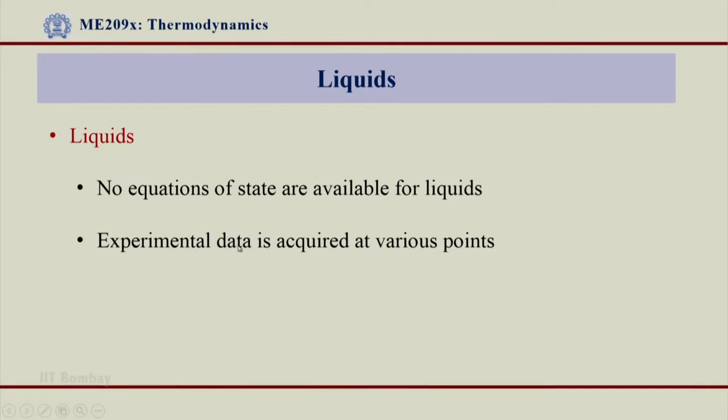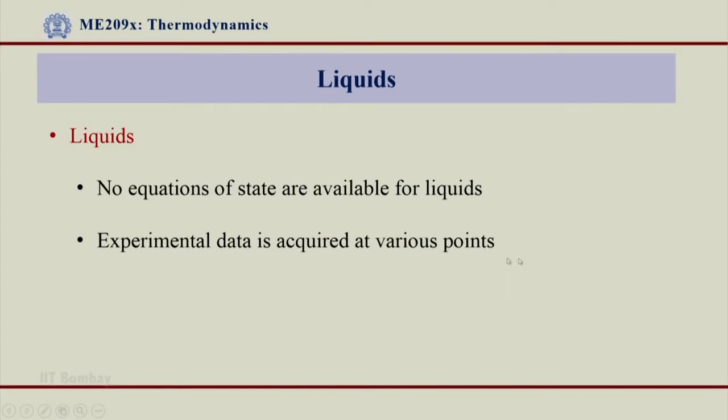I conduct experiments at various important pressures and temperatures, and acquire data at those points. For example, for water, 0 degree centigrade, 100 degree centigrade, and pressures such as 1 bar, atmospheric pressure, 10 bar, etc., and get all the property data at those points.